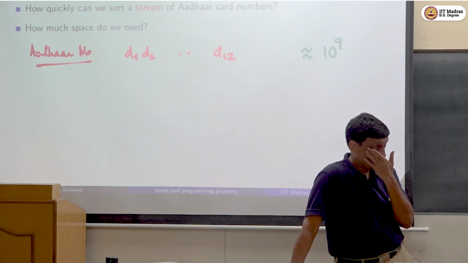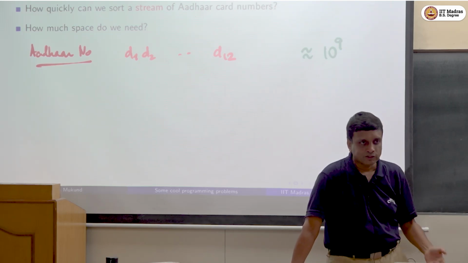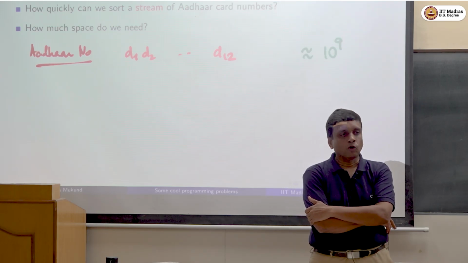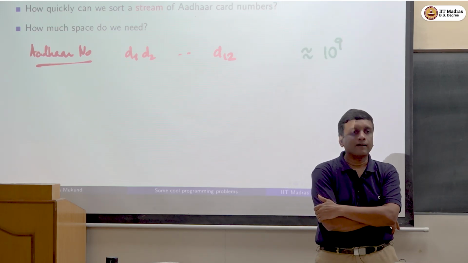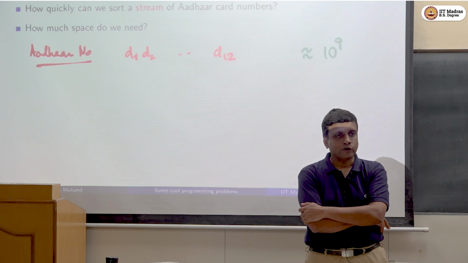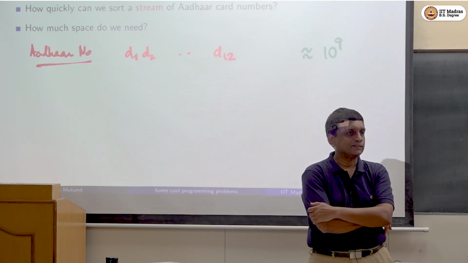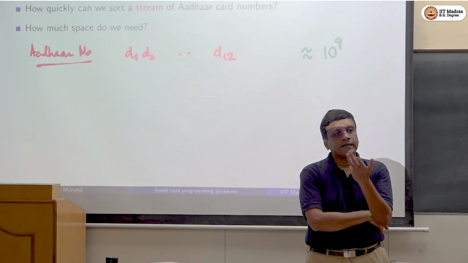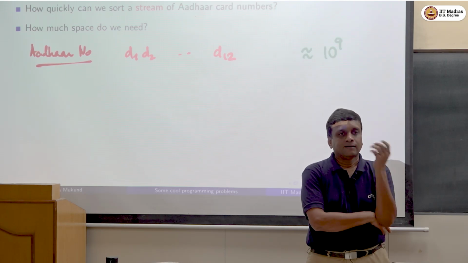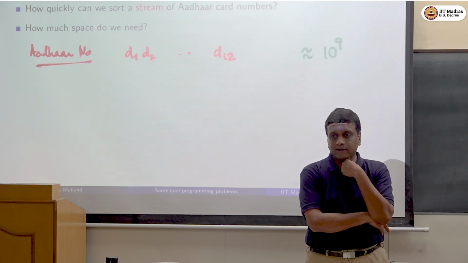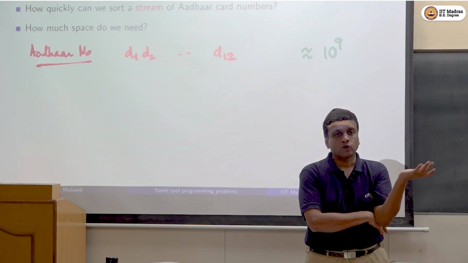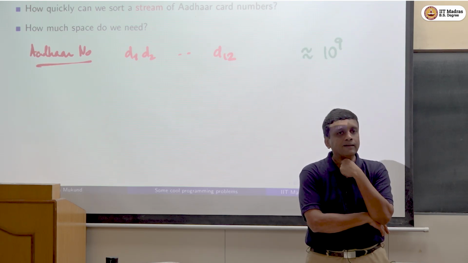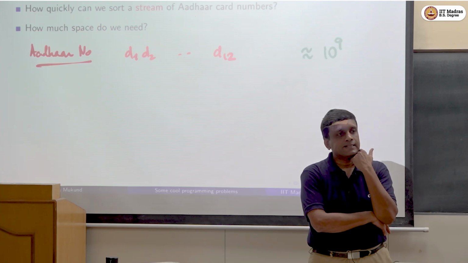It's not that necessarily the population of India is going to suddenly become huge, but people are born, people die, and presumably Aadhaar numbers are not going to get recycled for some time at least. So there will be a situation where more Aadhaar numbers are generated than there are currently living people in India. Aadhaar is not that old, so we haven't reached that stage yet. But you can imagine 100 years from now, there will be a big increase in the number of Aadhaar numbers used.